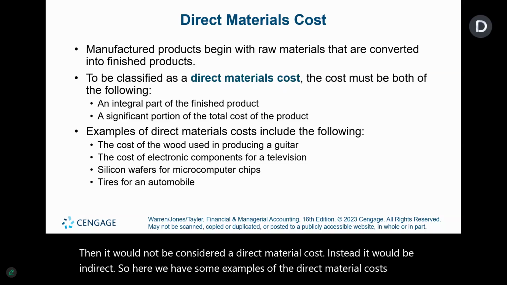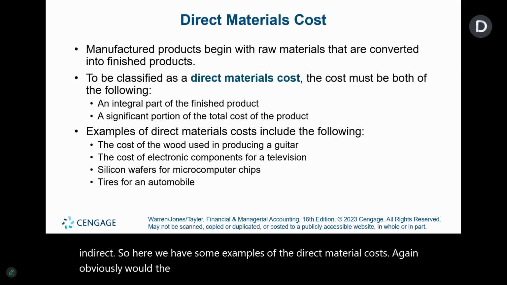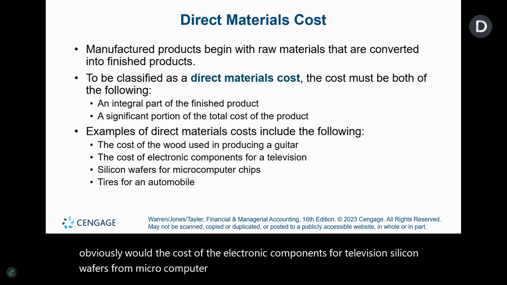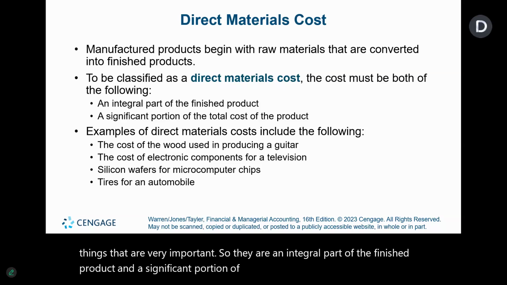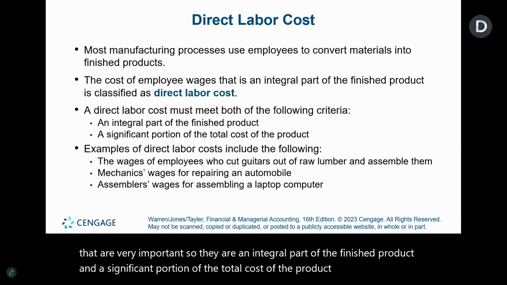Again, obviously wood, the electronic components for a television, silicon wafers for microcomputer chips, tires for an automobile. These are very important things. They are an integral part of the finished product and a significant portion of the total cost of the product. So those two requirements need to be met.